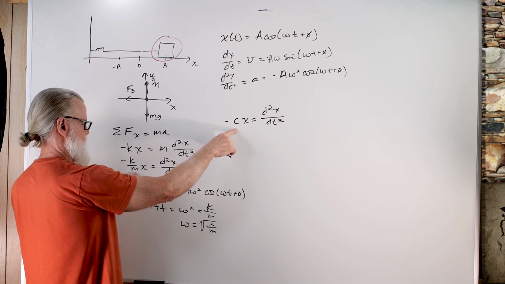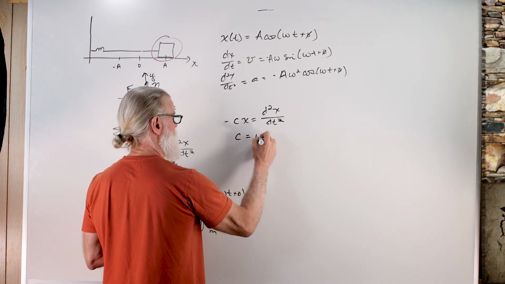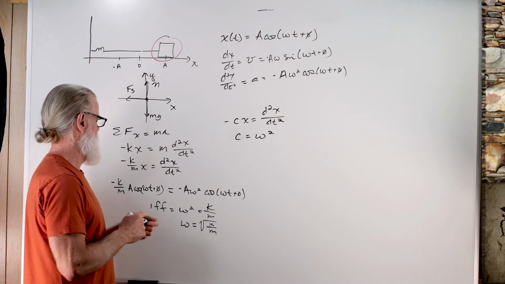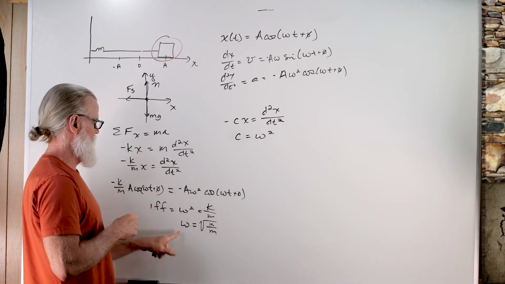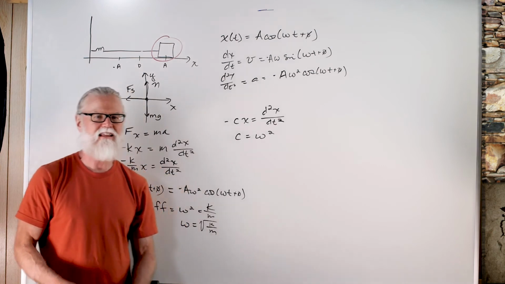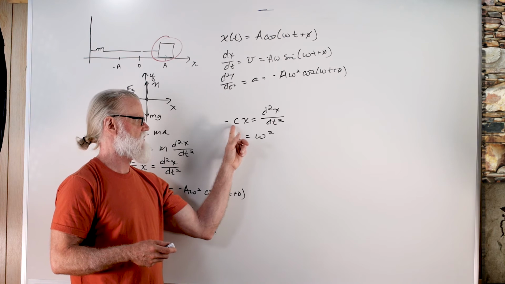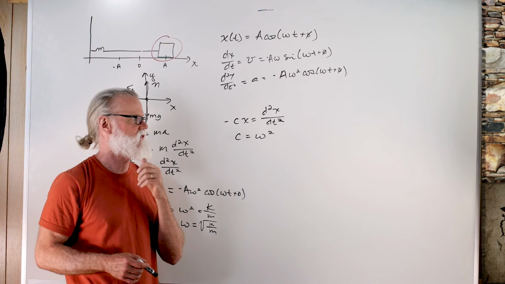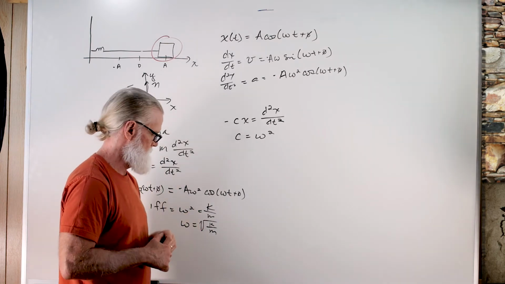So therefore, C equals omega squared. In this case, C was this, and omega is the square root of this, so C equals omega squared. So anytime we see an equation of this form, we know that this constant is the square of the angular frequency. That will always be true, and you have to be able to identify that.